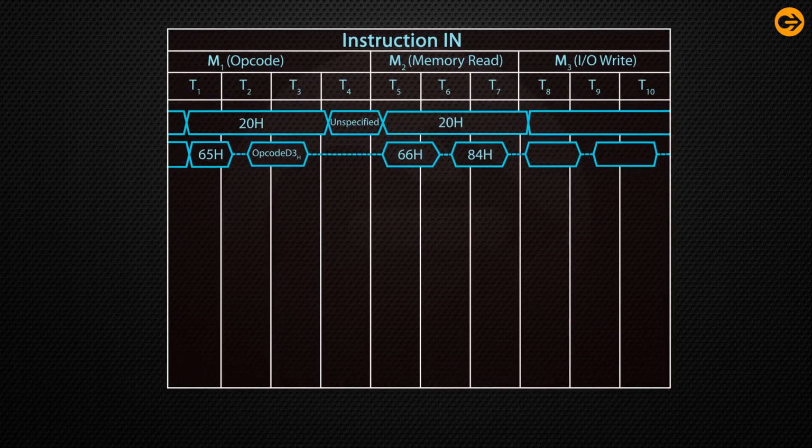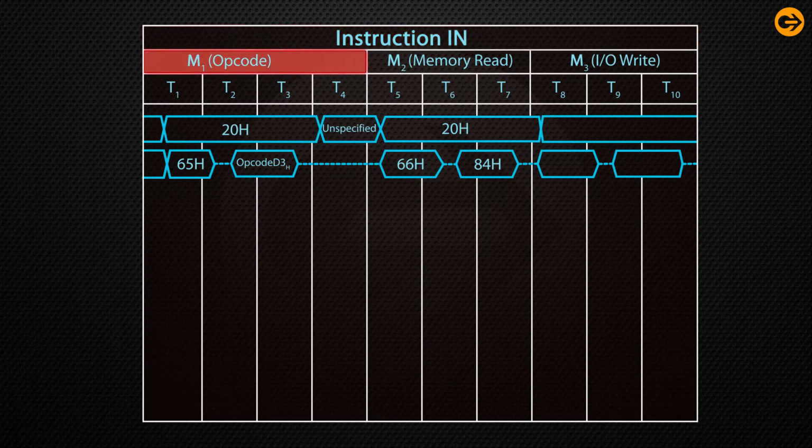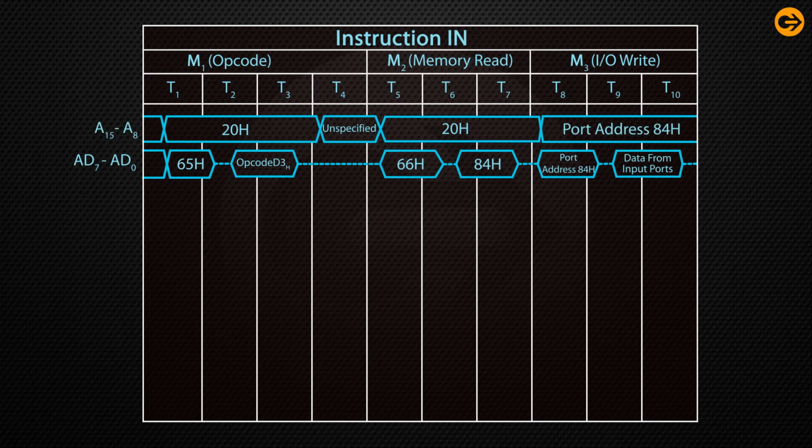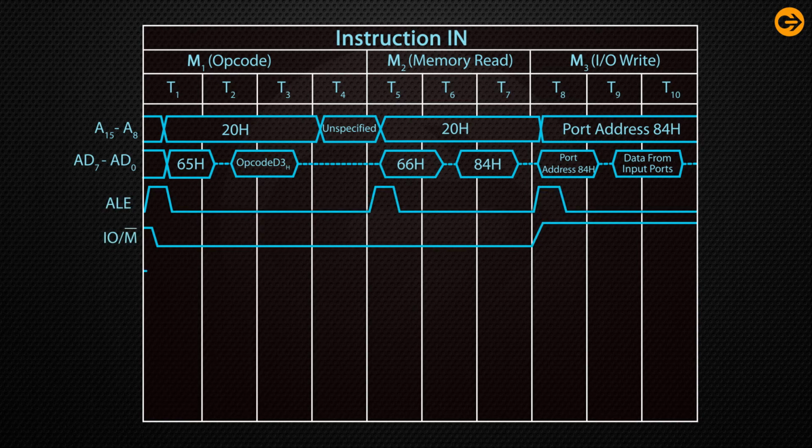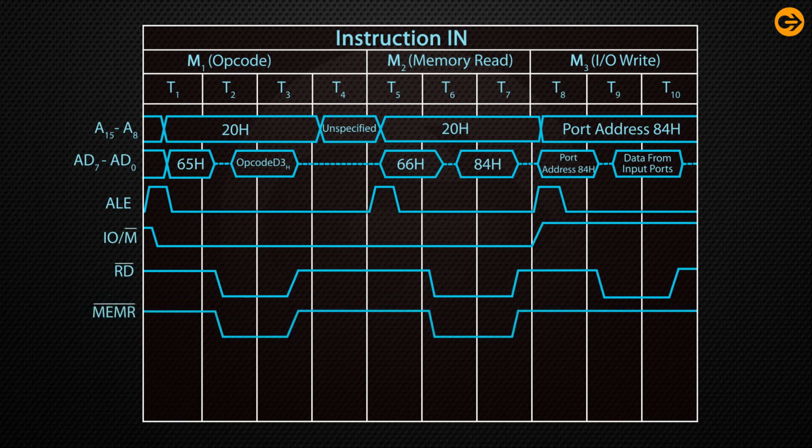The figure shows the timing of the IN instruction. M1 and M2 cycles are identical to those of the OUT instruction. In the M3 cycle, the 8085 microprocessor places the address of the input port, which is 84H, on the low order address bus, which is A7 to A0, as well as on the high order address bus A15 to A8, and asserts the RD bar signal, which is used to generate the IO read bar signal.